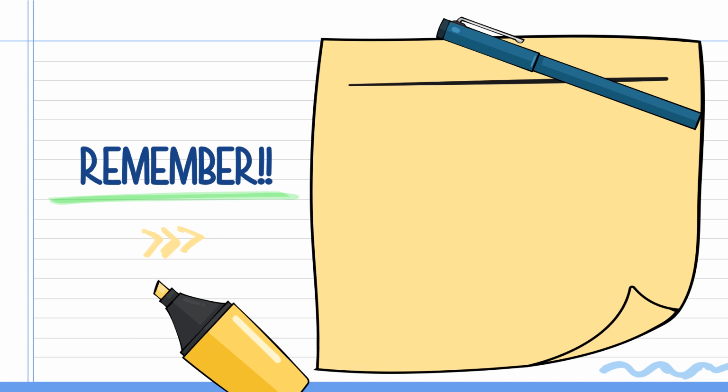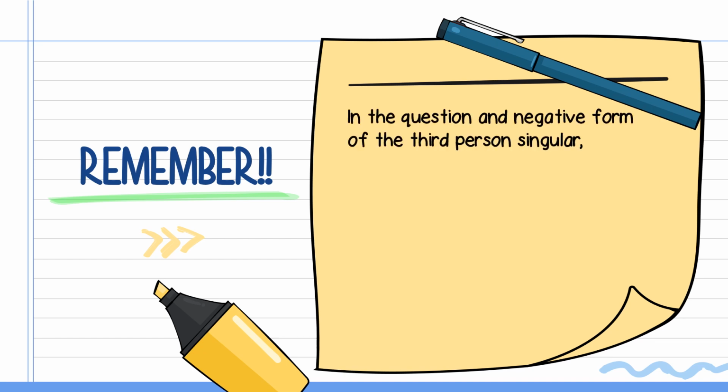Okay, remember class, in the question and negative form of the third person singular, the main verb doesn't take an S or ES or IES. It means that we have to use the root word.